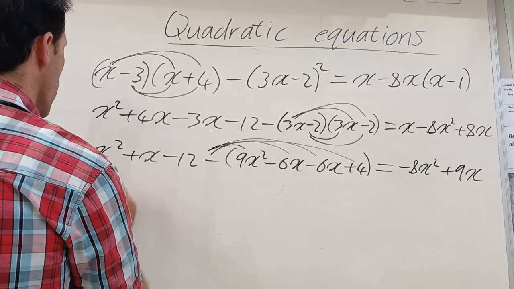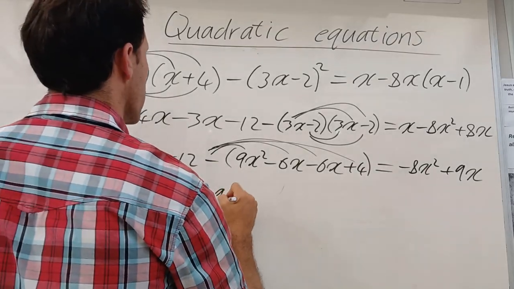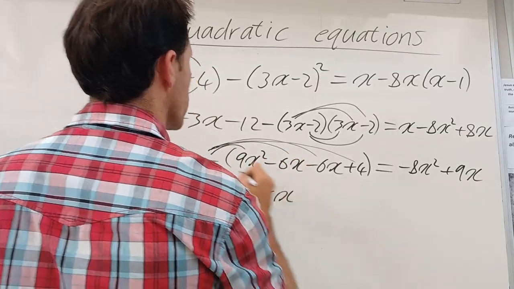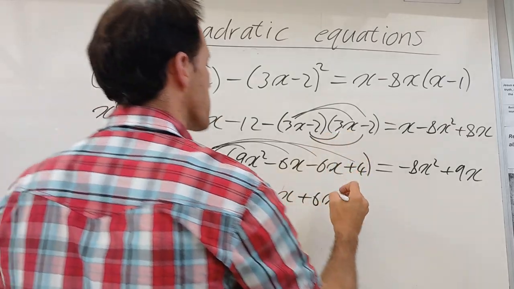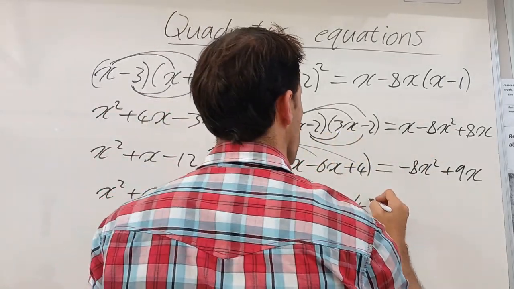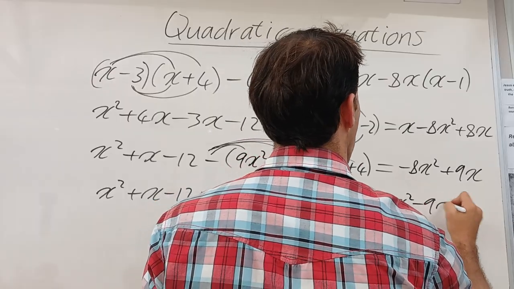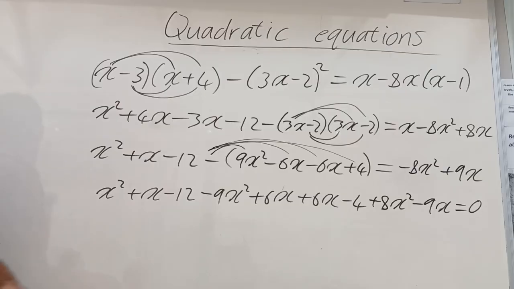So you're going to have x squared plus x minus 12 minus 9x squared. Minus and a minus is plus 6x, and then minus and minus is plus 6x, and the minus times the plus is minus 4. Now we bring these ones over, so it becomes plus 8x squared, take the 9x over, minus 9x equal to 0. Everybody still with me?